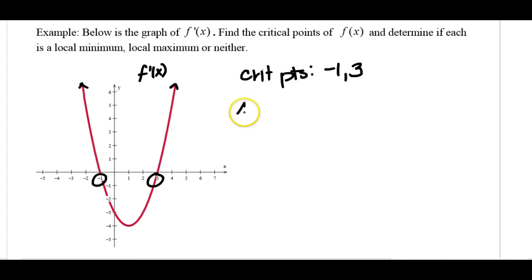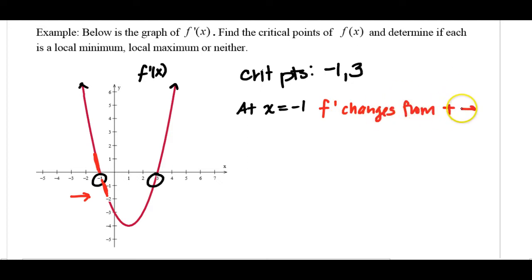So at x equals -1, let's think about what is happening to the derivative. The derivative at -1 is changing, from left to right, from above the x-axis to below the x-axis. So as I move in this direction, the graph was above and changes to below. So at x equals -1, f prime changes from positive to negative, from above to below the x-axis.